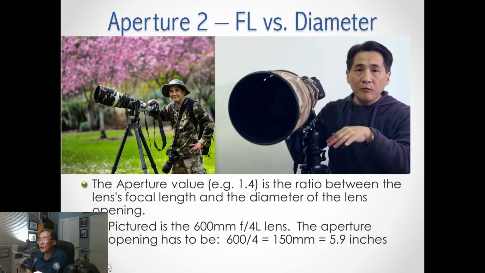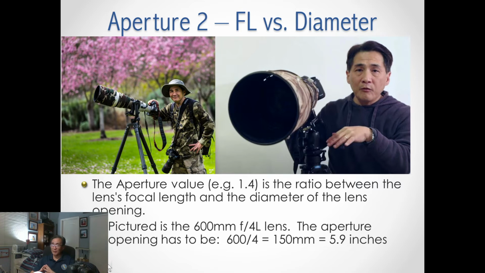Before I do that, each of the numbers does have a meaning. You don't have to really remember exactly, but the idea is this. There's a relationship between the lens focal length and the aperture value.